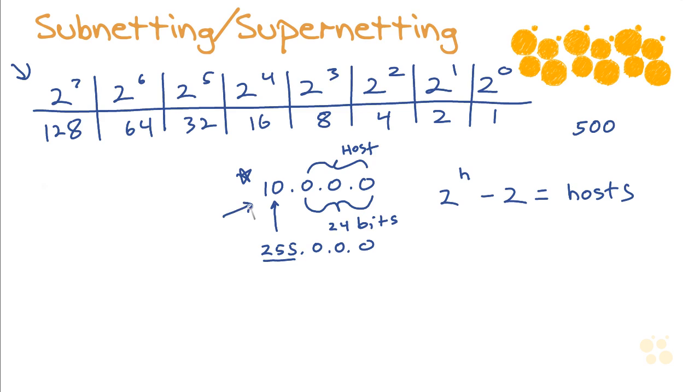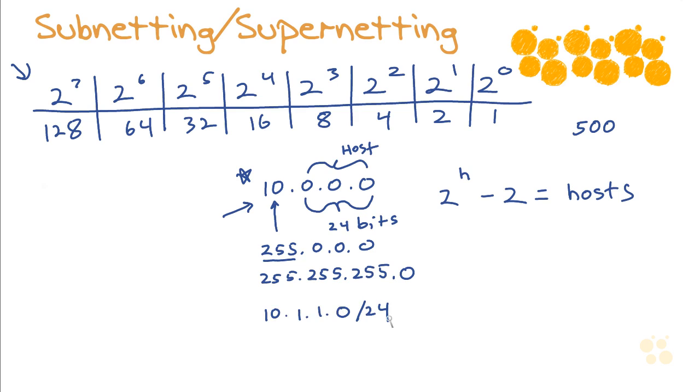So what if we did this? What if we extended the mask to 255.255.255.0? Now what we're doing is we are giving ourselves the ability to create a whole bunch of subnetworks, like for instance 10.1.10.0/24, and we are accommodating some number of hosts.